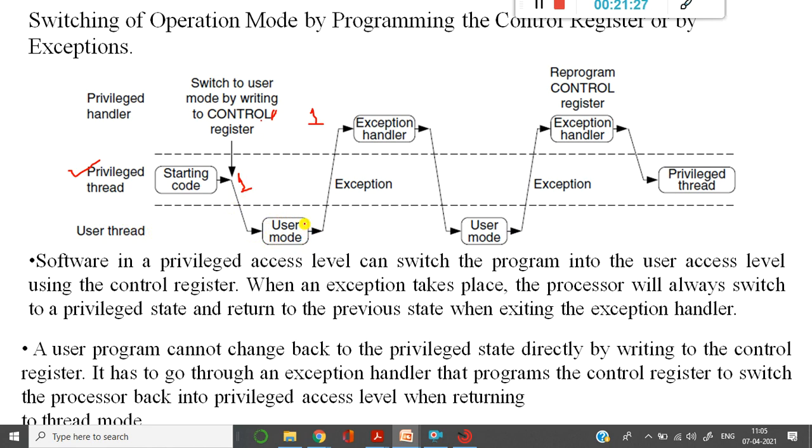It will be executing. Assume that a fault or a non-maskable interrupt occurs, an interrupt which cannot be masked, which is nothing but the highest priority interrupt. Then it goes to the exception handler directly without changing anything, because this has higher priority.